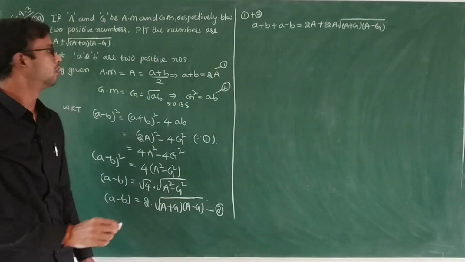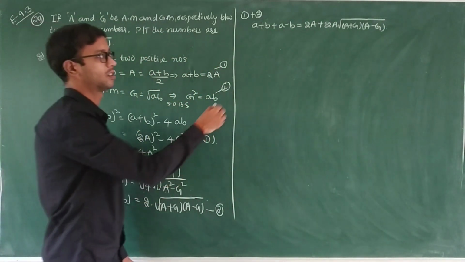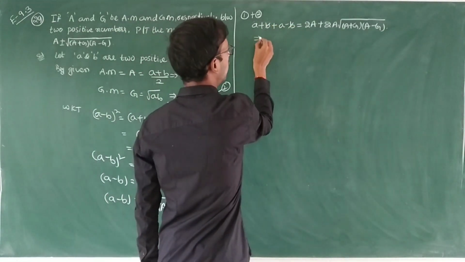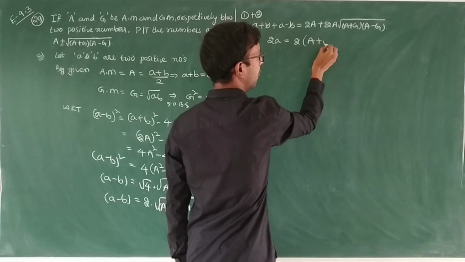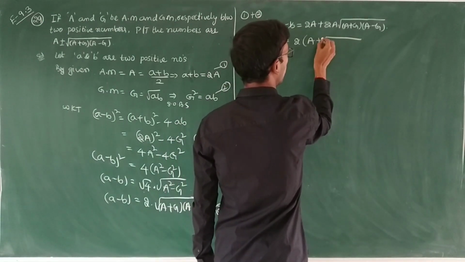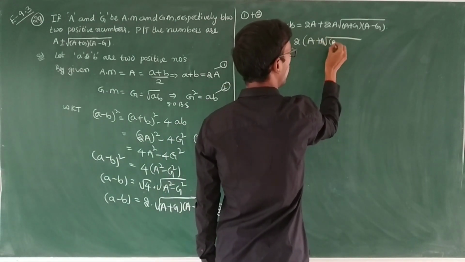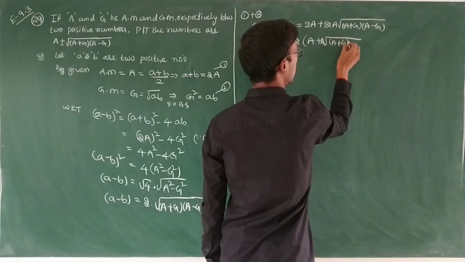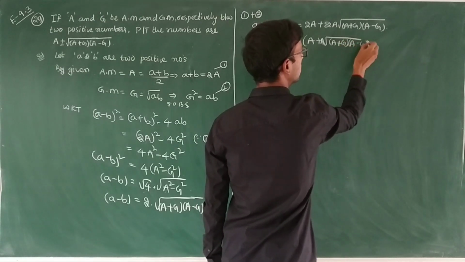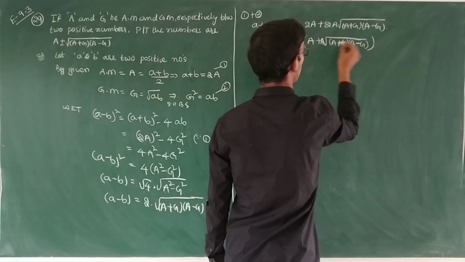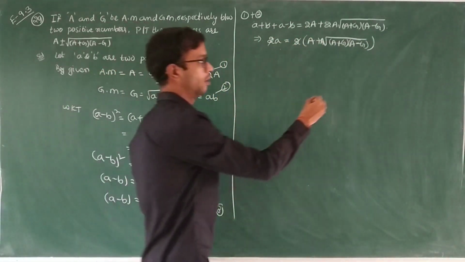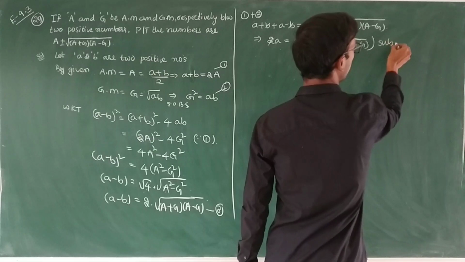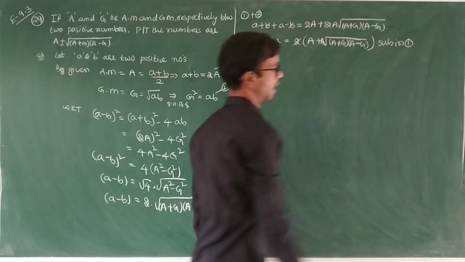So now you can see the next step. 2a is equal to 2 common, take A plus square root of A plus G into A minus G. 2 gets cancelled. Substitute the a value in equation 1.